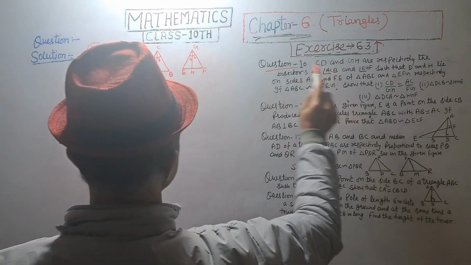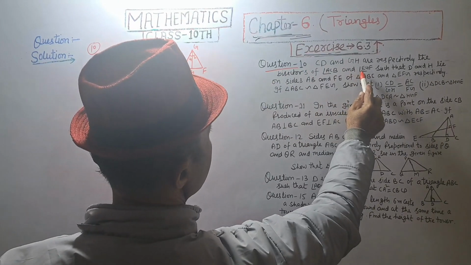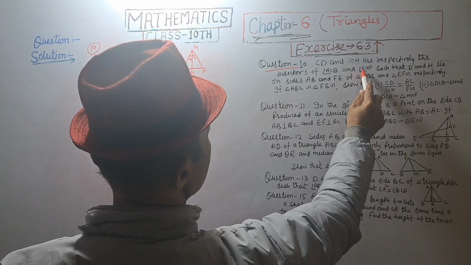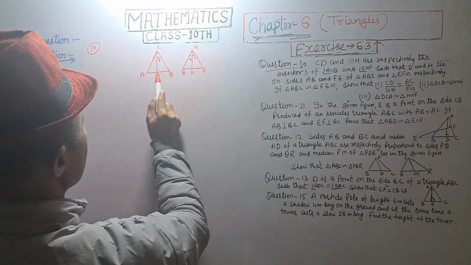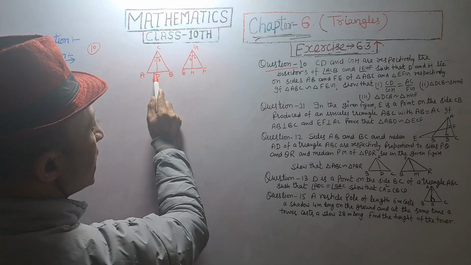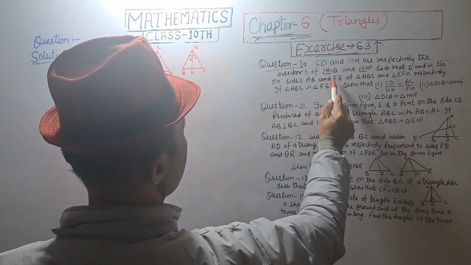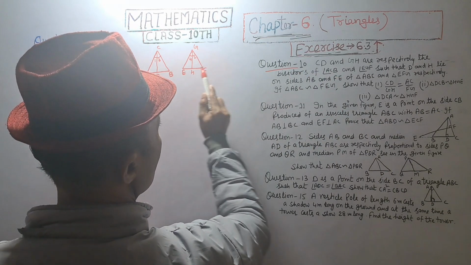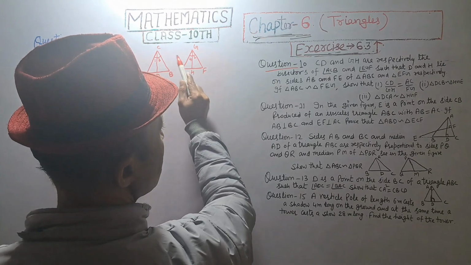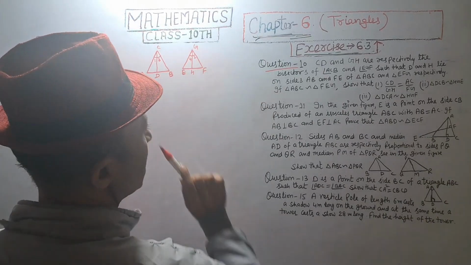CD and GH are bisectors of angle ACB and angle EGF. D and H lie on the sides AB and EF of triangle ABC and triangle EFG respectively.